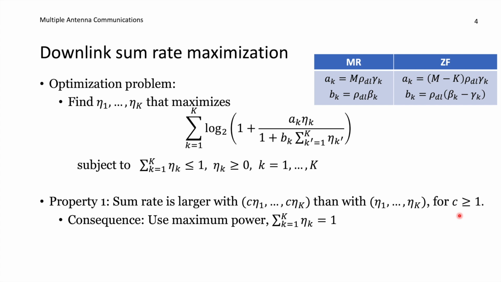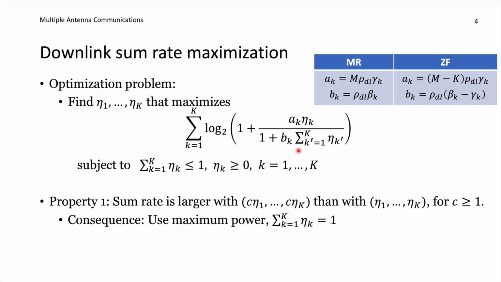The conclusion from this is that at the optimal solution, where we are maximizing the sum rate, we must use full power, because if that weren't the case, well then we can always increase all of the terms by a factor c and increase the power. And that would be allowed. So we know that we should have maximum power. The sum of the eta k's should be equal to 1.